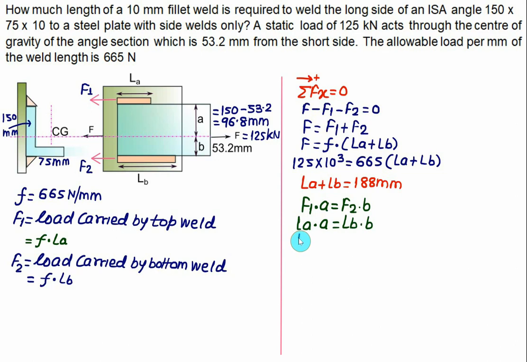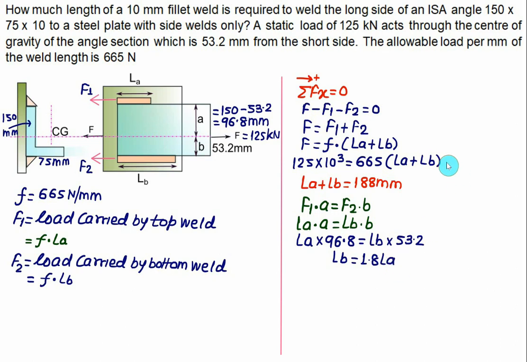Here we don't know the value of LA, and we are interested in finding the value of LA. The distance of the top weld from the gravity axis, A, is 96.8. The length of the bottom weld is LB, and the bottom weld is at a distance of 53.2 mm from the gravity axis. So it is better to solve for LB. LB will be equal to 96.8 divided by 53.2, which is 1.8 times LA.